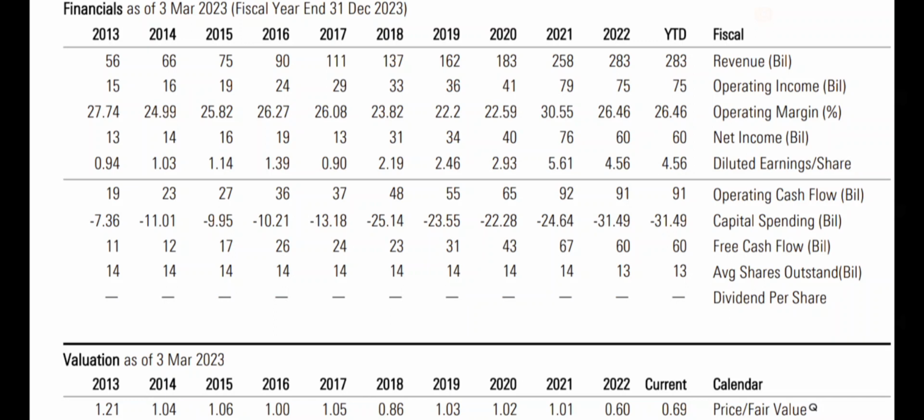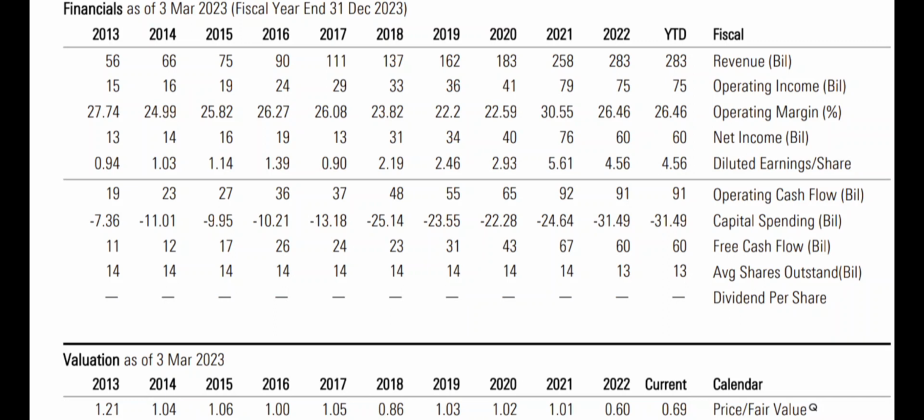And I'm not only doing the 10 years, I also do the 5 years. So it's 2022. So that will be how many years? 2017 sales is 111, here you can see in 2017 111, and then 2022 is 283.